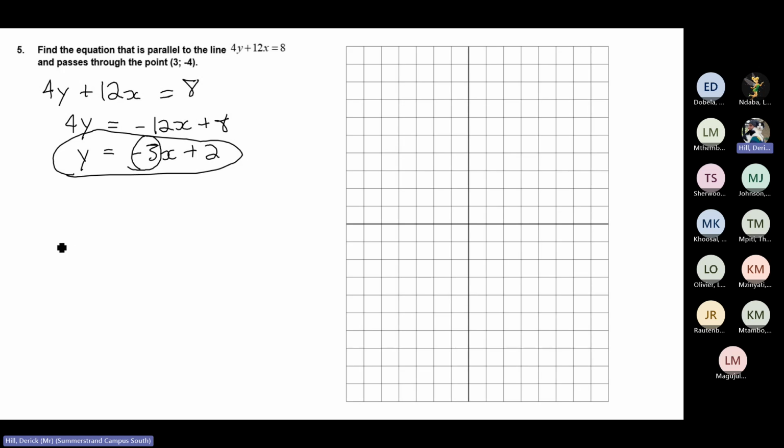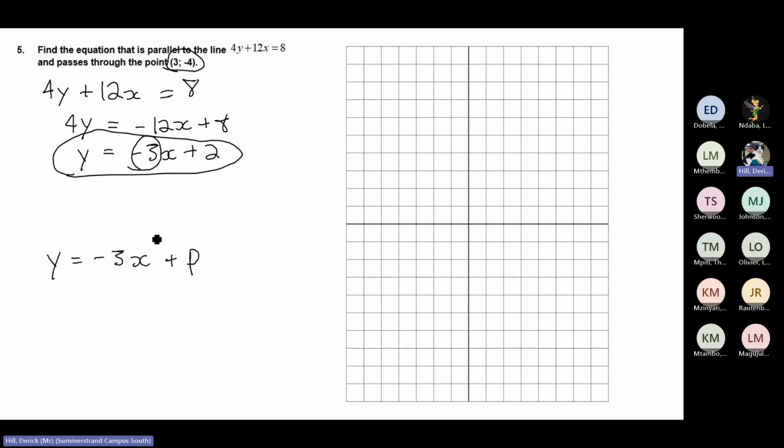So the line that I want is going to be something like minus 3x plus p, where p is the unknown. So we know that the line passes through the point 3, minus 4. That means that if I put those values into my x and my y, I should get an equation with one unknown.